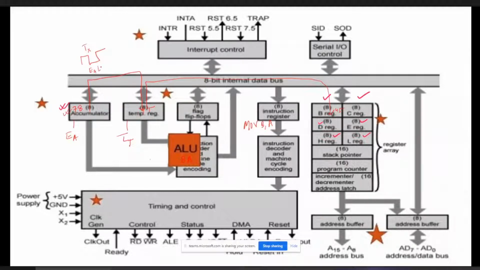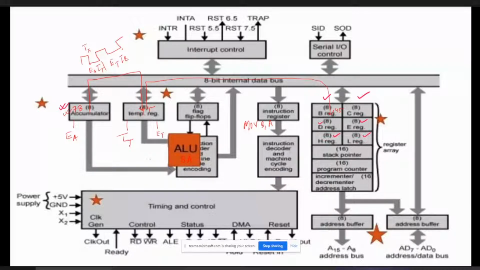Then during the next clock pulse, it is doing Enable T. Enable T will be active over here, and then LB bar will be active during Ty.